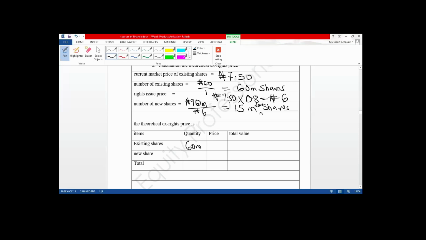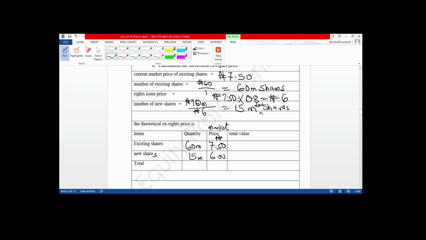What is the price per existing share? We refer to the market price, please, not nominal price. Price per existing share, 7 naira 50 kobo. New shares, quantity, 15 million. Price per new share, 6 naira.